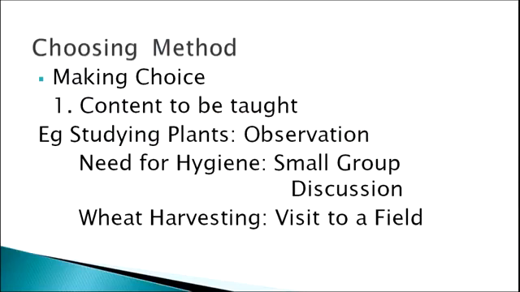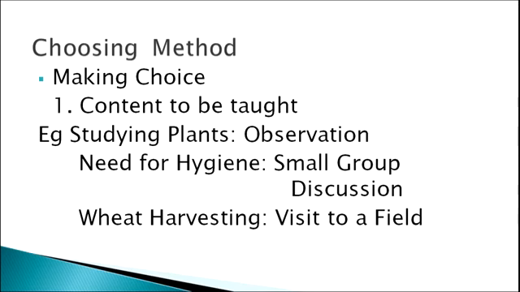For example, let us say I want to study about plants which are present in our school garden, or I want to study which insects are there in our school garden. So observation is a very good method. In that method, we will take children to the school garden and observe carefully plants or insects.